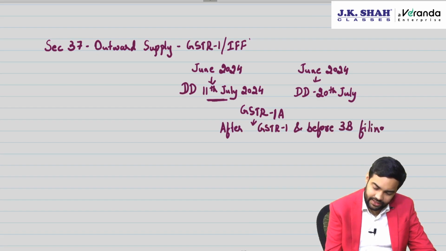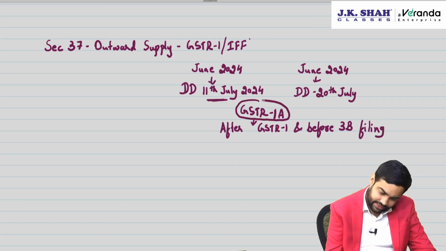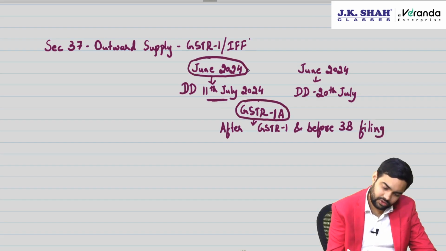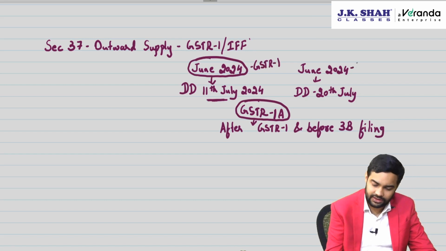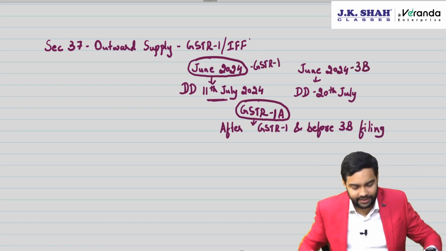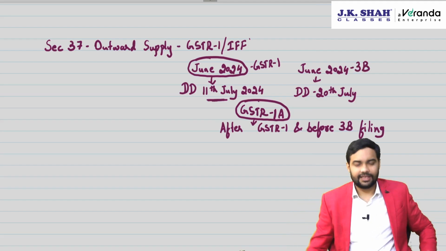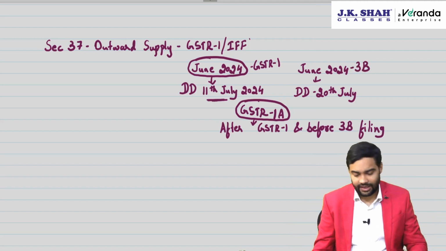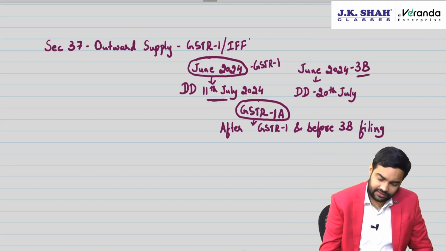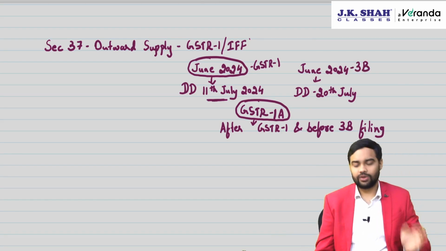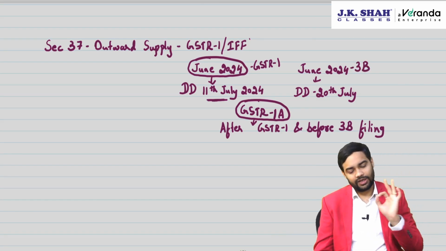I can file 1A to rectify anything where a mistake has been made in this June GSTR 1. If there is some mistake in this June GSTR 1, then it can be rectified by filing GSTR 1A so that the effect of that comes in GSTR 3B and net amount is correct. This is one option which is available with me.